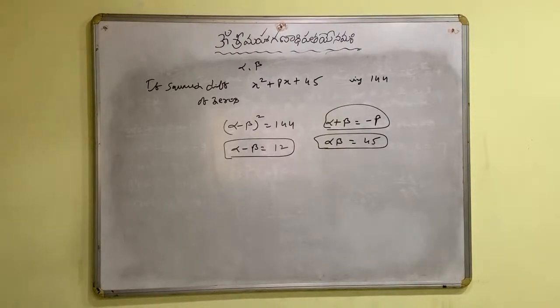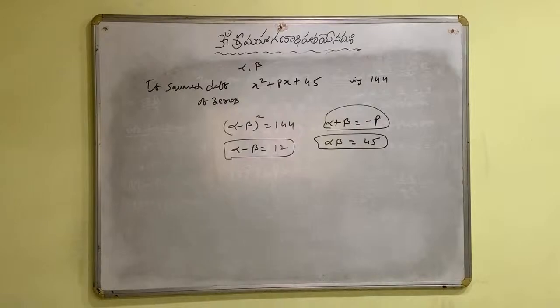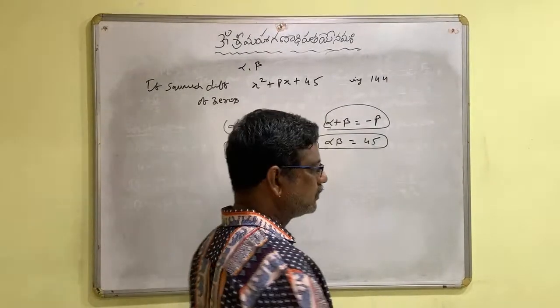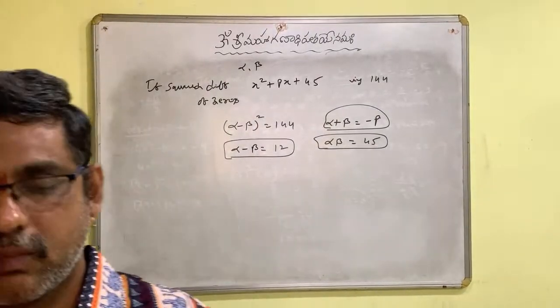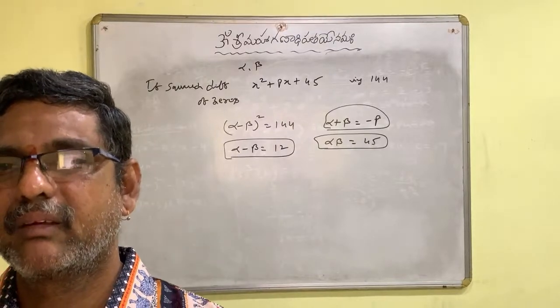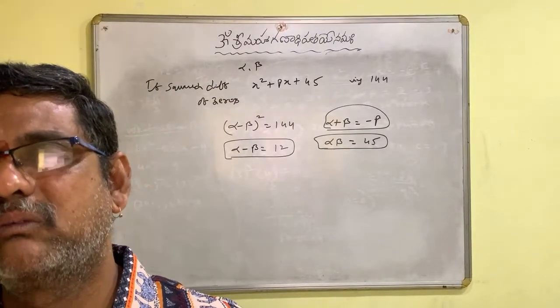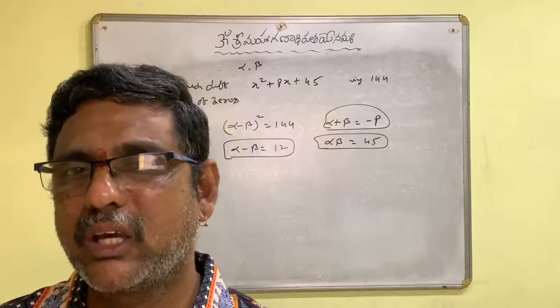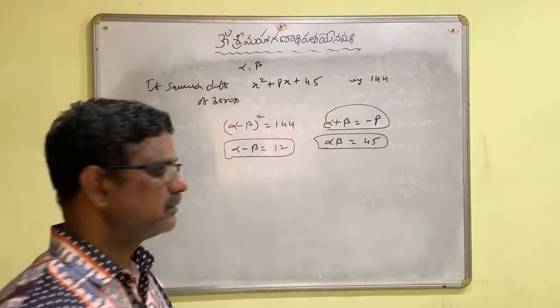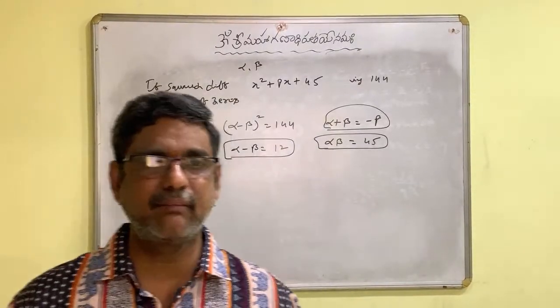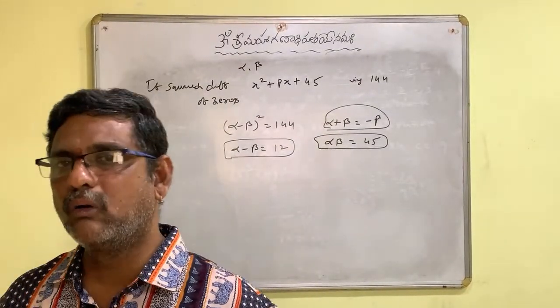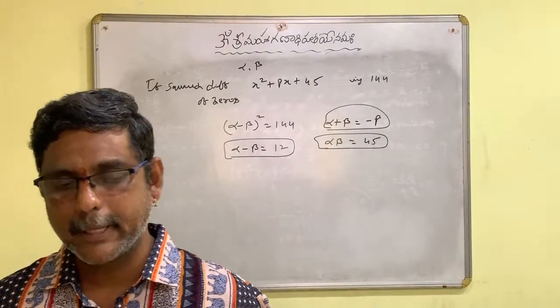What to do now? Anyone? We have alpha minus beta value, alpha plus beta value which is unknown, alpha beta. All these values are there with us. How to calculate alpha and beta?